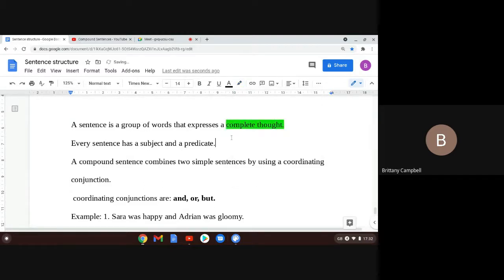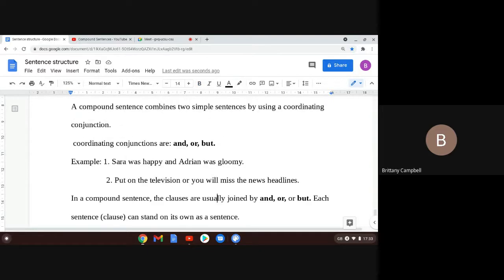It must make sense. That's pretty much what it's saying. A sentence must have a subject and a predicate. And we touched on that already, right? We touched on the subject and the predicate.